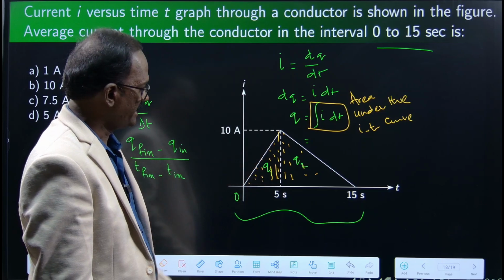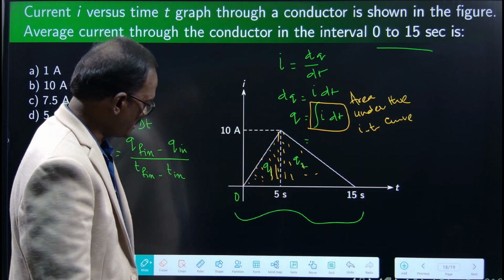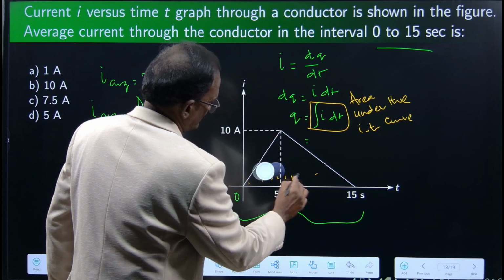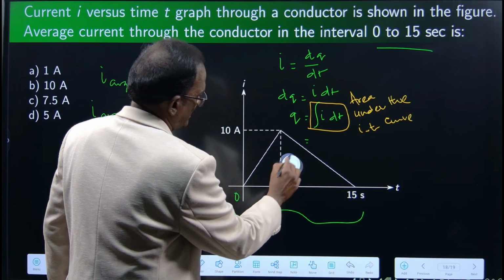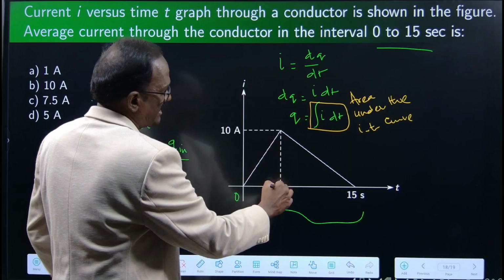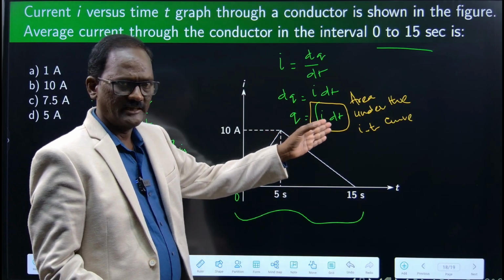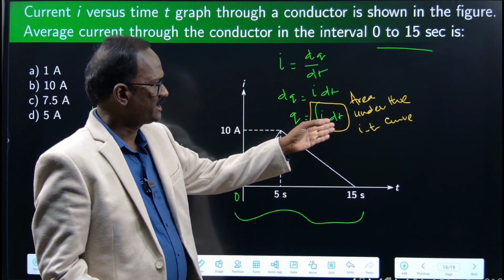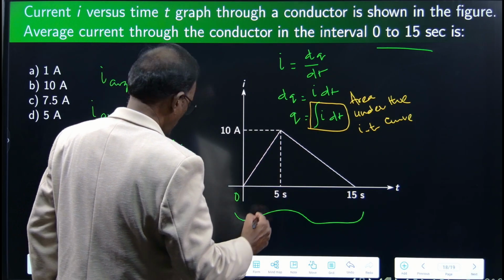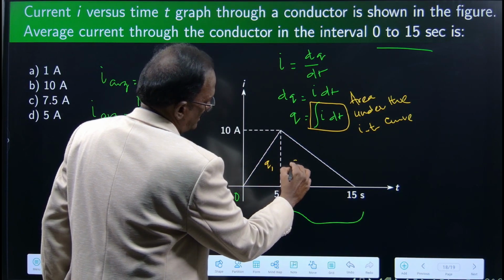So in this area Q1 and in this area it is Q2. Area under the I-T curve is Q. If we find the area, that is the meaning of the integral of I dt. So this is Q1 and this is Q2.